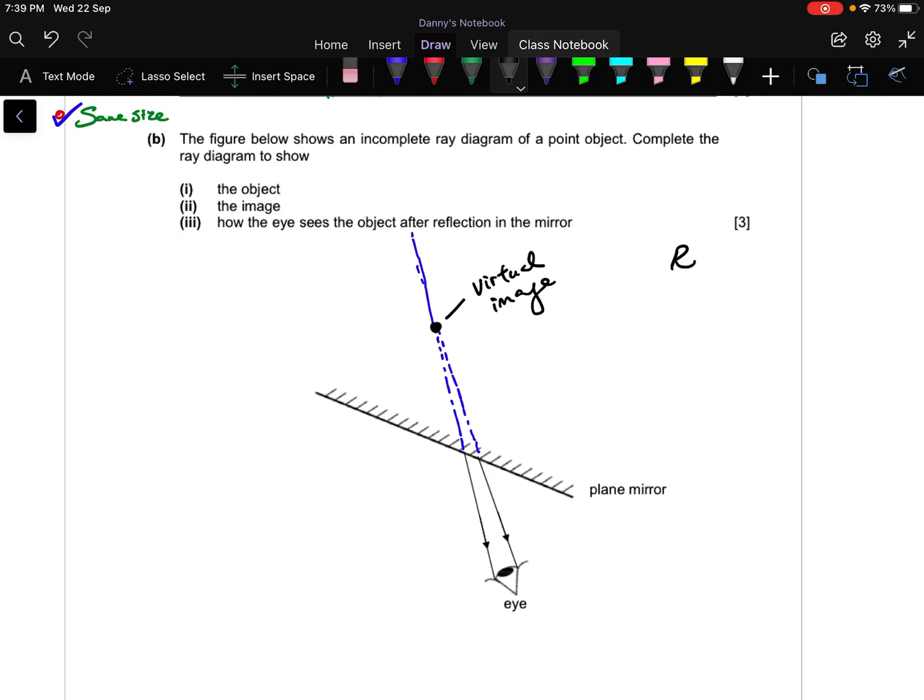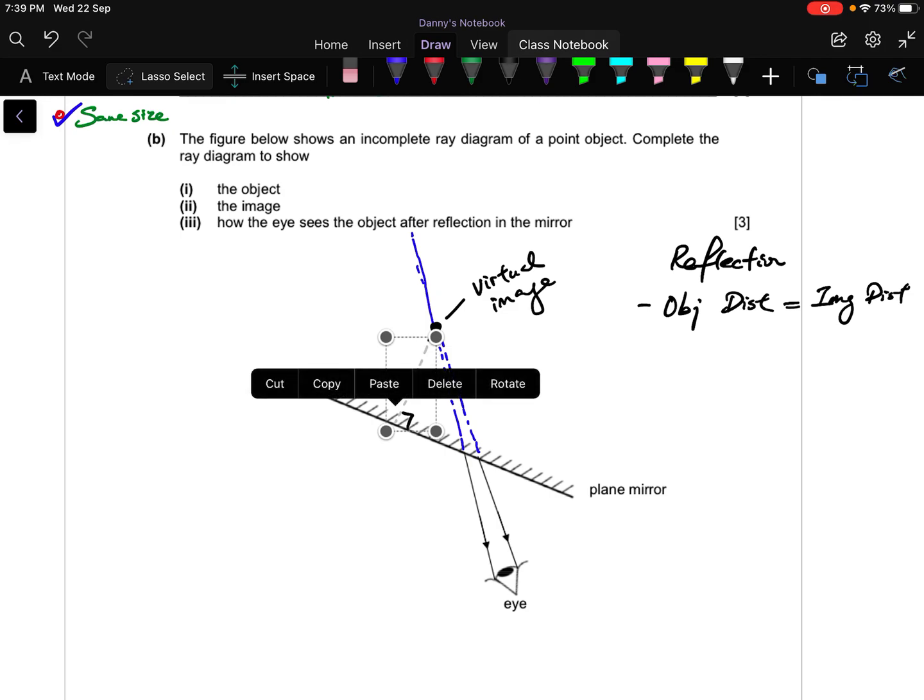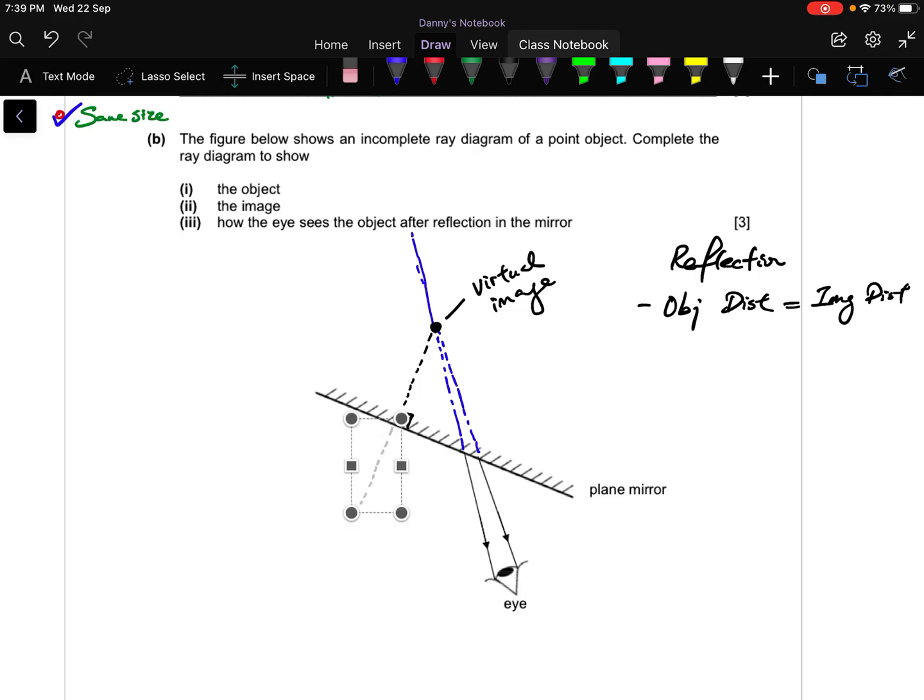And you know that in reflection, the biggest law is that your object distance must be equal to the image distance. So here you already found your image distance. So get your image distance over here. So this image distance must be equal. For me, I will just do a copy and paste. Then I know that it is confirmed the same already.